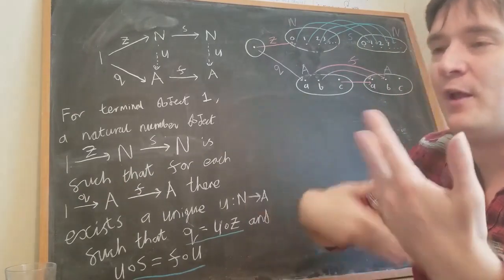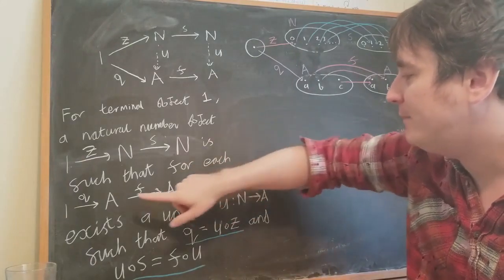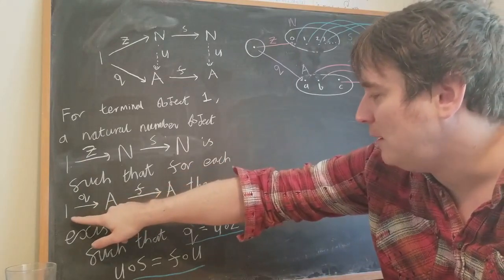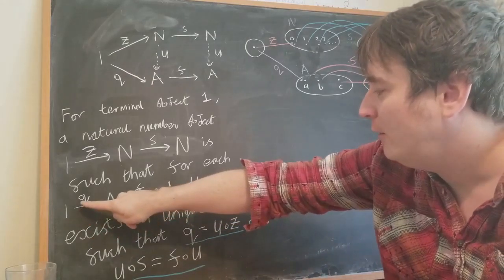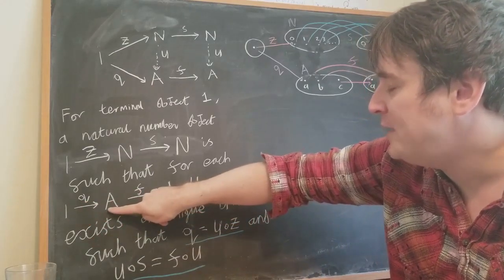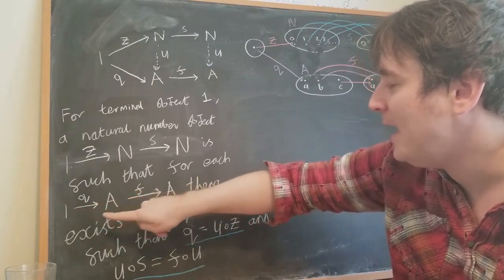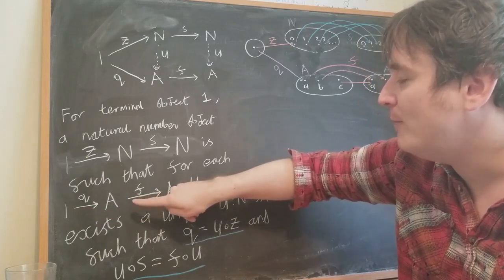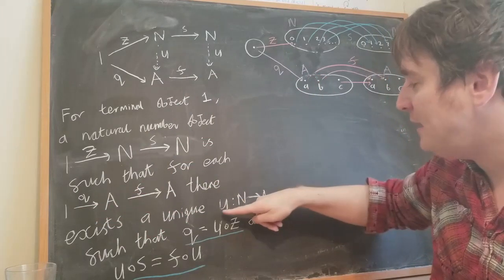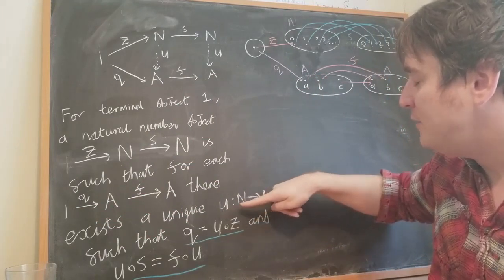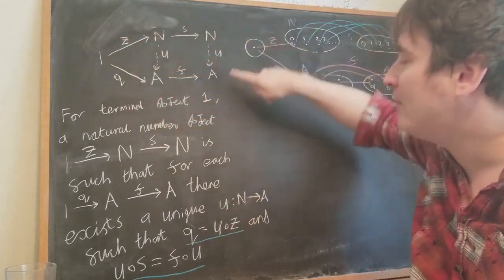In particular, it has a kind of universal property: for any setup like this, where we have some object A with an arrow Q into it from the terminal object and an arrow F from A to itself, we want there to exist a unique U, an arrow from N to A, that makes this diagram commute.